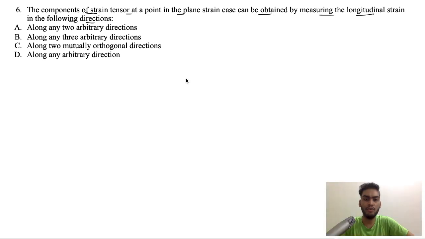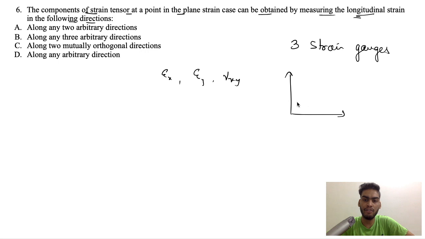When we have to find out the strain tensor, that is epsilon x, epsilon y, and gamma xy, for that we use the strain gauge for measuring the longitudinal strain, and for that we need a minimum of 3 strain gauges. If you remember, we have this famous configuration, the 45-degree rosette.